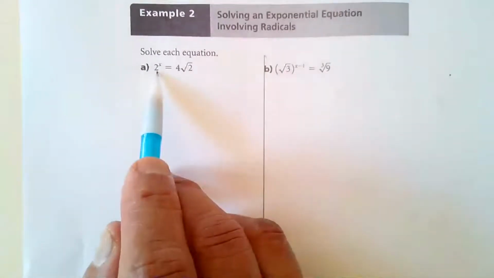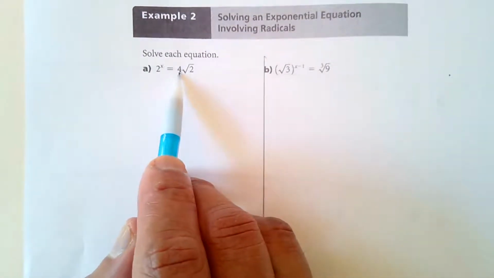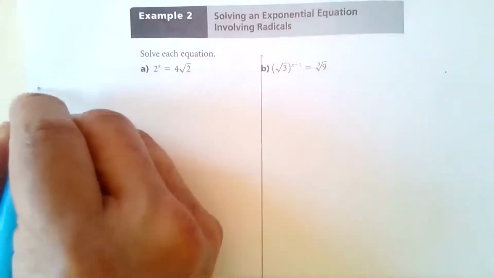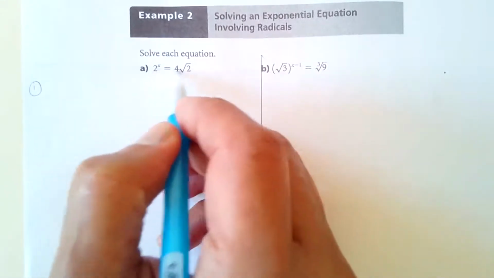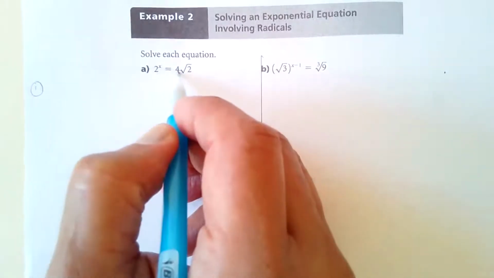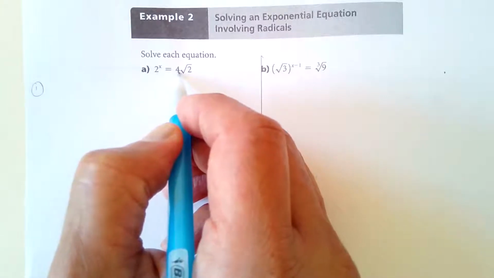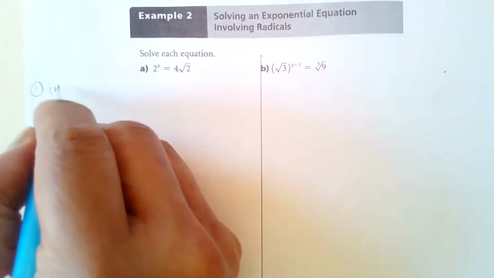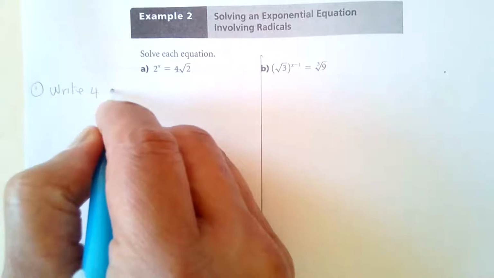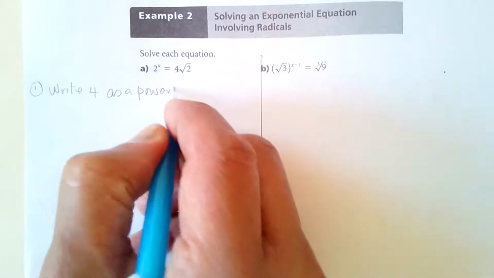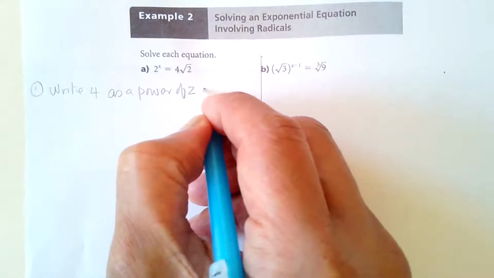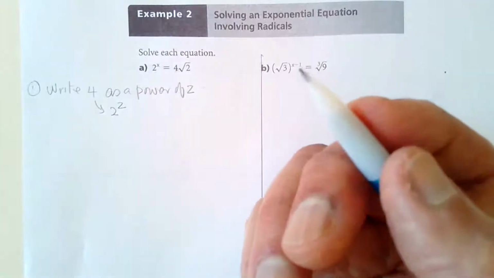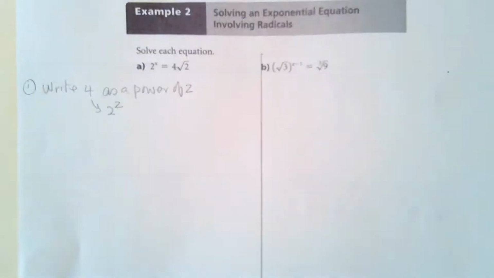Now we know there's a base 2, and this is 4. So step 1, we want to make sure we have a common base here. So we'll write 4 as a power of 2. So this becomes 2 to the power of 2. This is my question, I'm going to highlight it.